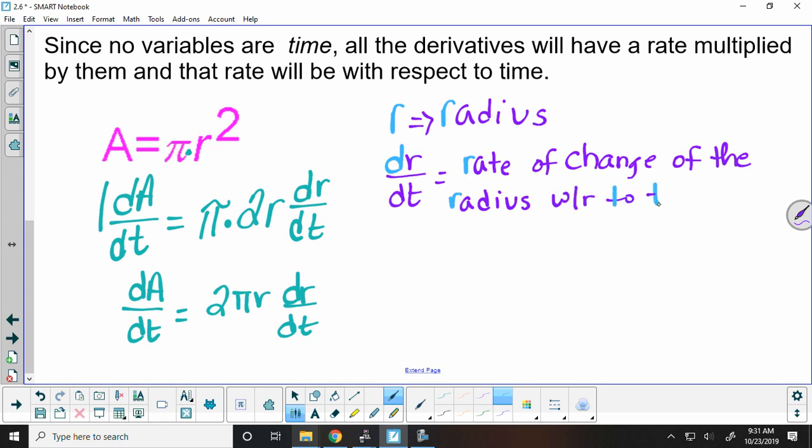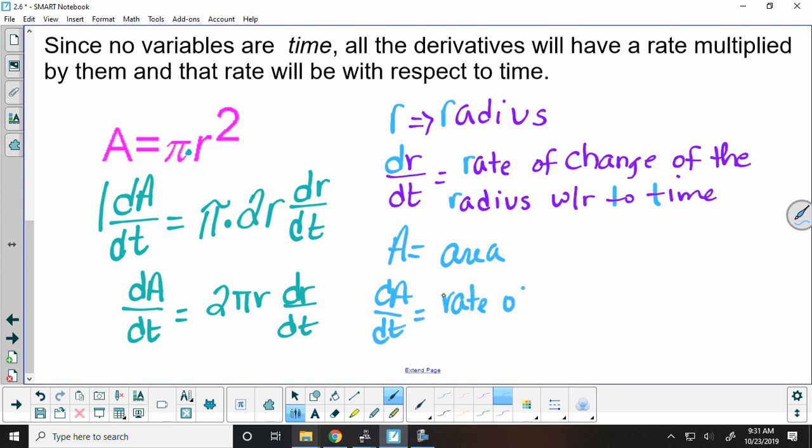The beautiful thing here is that now these rates that we played with yesterday are going to start to make sense. They're going to start to represent something. There's another variable in my problem, and what is it? A. What is A? Area. What do you think dA over dt represents?